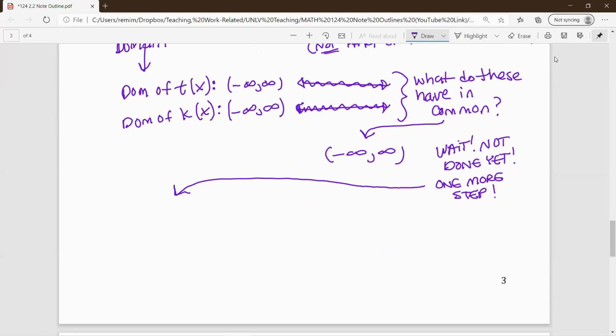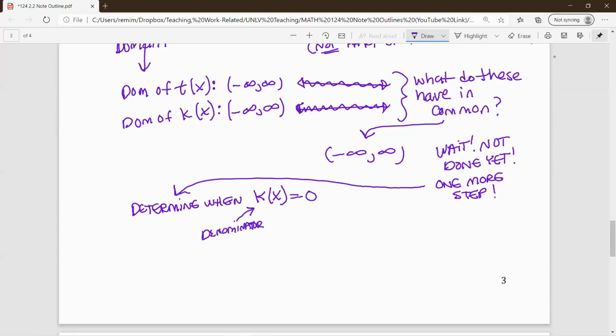What do we need to do? We have a denominator here and we know that we are not allowed to have a denominator of 0. So let's find out when that denominator will equal 0. So we're going to determine when the denominator, which is k of x, equals 0.